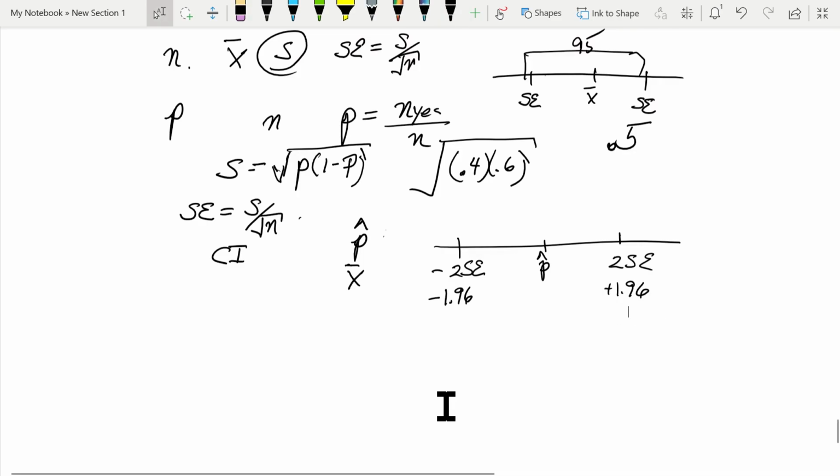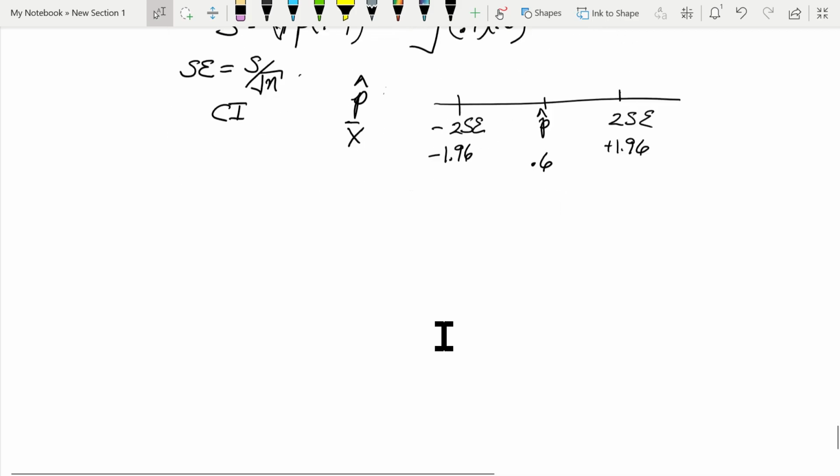If I have 0.6 here, the standard deviation is 0.49. It was 0.4899.